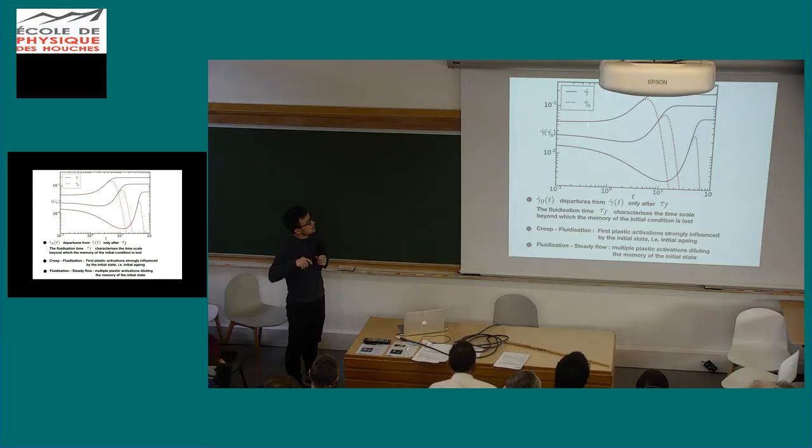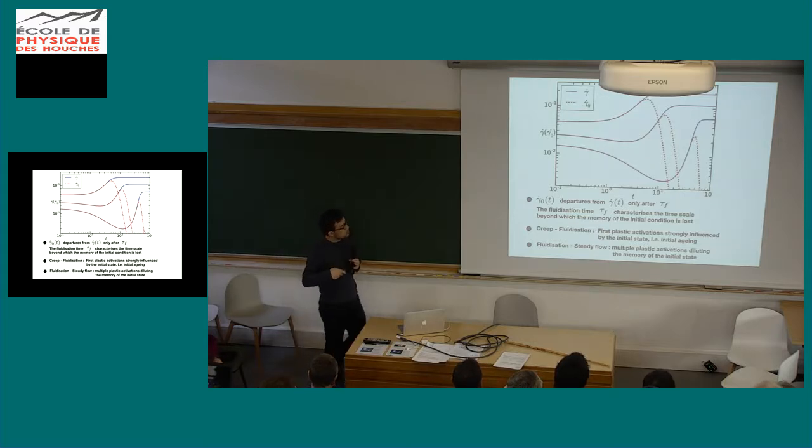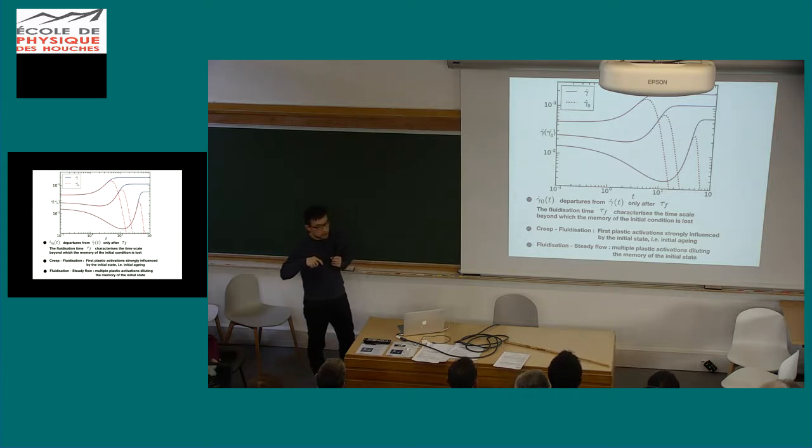So the blue curve is the full solution, and the gamma dot 0 is the contribution from the initial condition. As you can see, they agree very well from the beginning up to about the fluidization time. And here corresponds more or less to the fluidization time tau f, the inflection point.